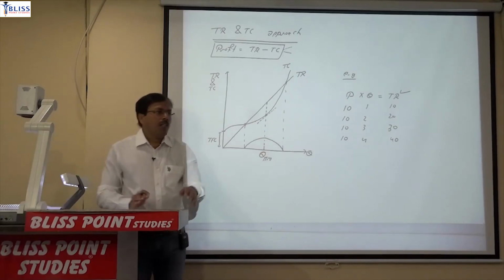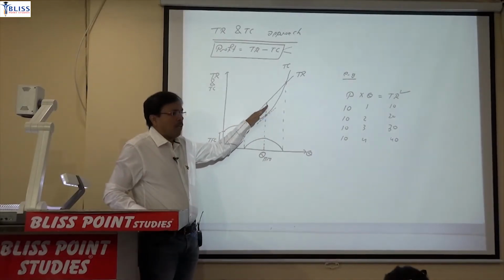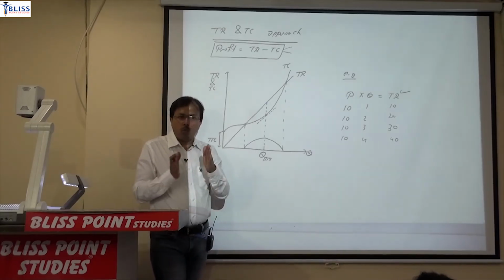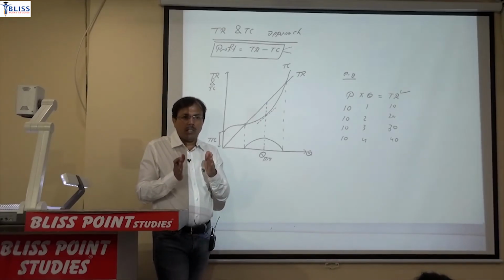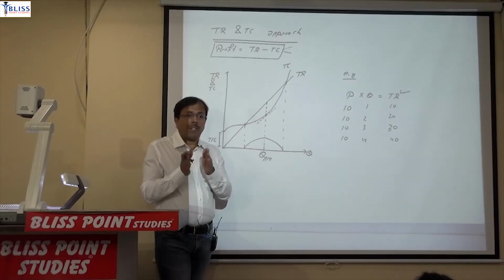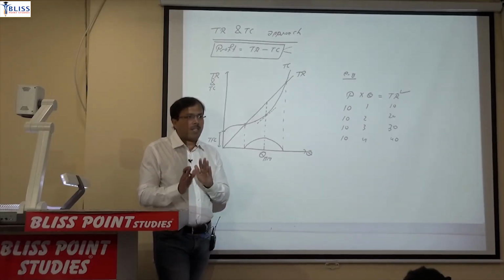But remember, this tangent and this TR line must be parallel. Same slope, and same slope means slope of TR is MR, slope of TC is MC, which means MR is equal to MC also.